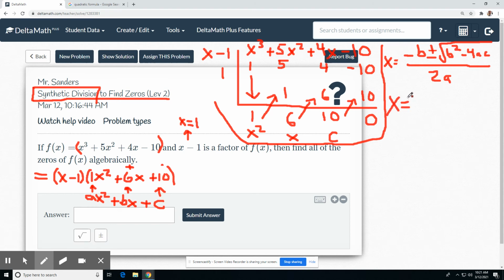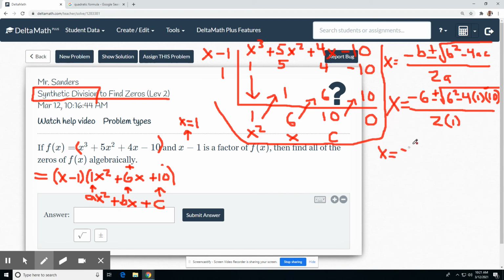Plugging all our parts in, negative b is negative 6 plus or minus the square root. B squared is 6 squared minus 4. A is 1. C is 10. And all of this is over 2 times a, which is 1. All right, simplifying.